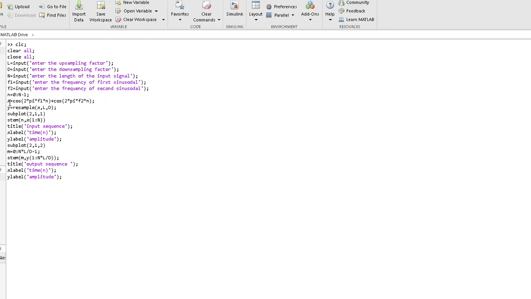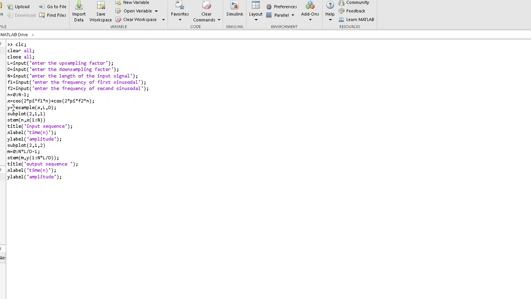For the X variable, it would store the input, specifically cosine 2 times pi times the frequency value number 1 times n plus the other cosine times 2 times pi times the second frequency times n. For the Y variable, this is where the resampled value would be stored.